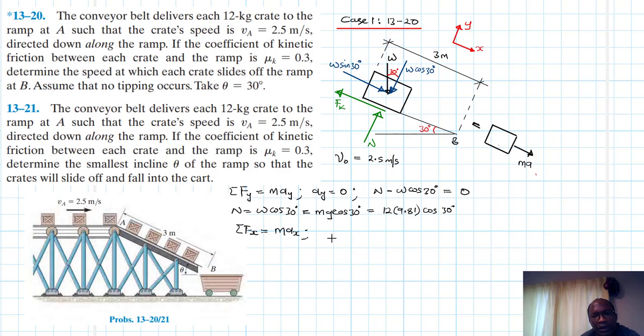What do we have here? Here we have W sine 30 minus Fk equal to max. Our W we know is just mg sine 30 minus mu k N equal to max.